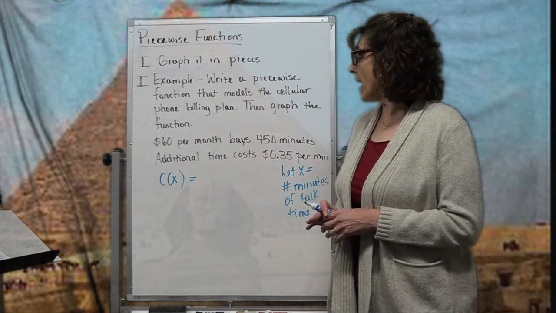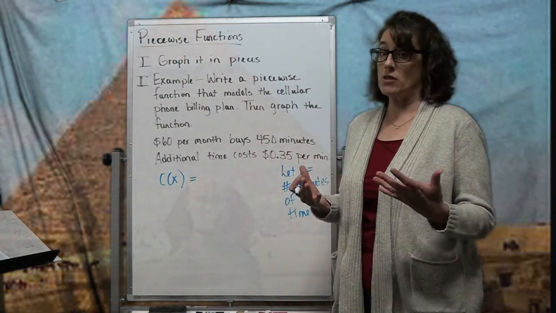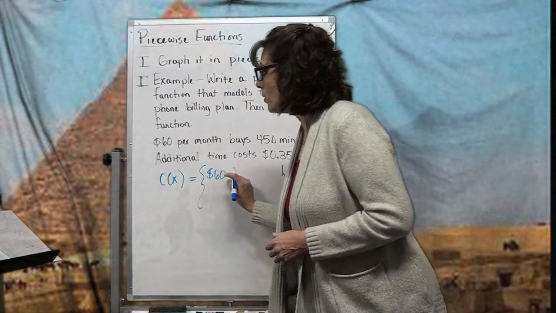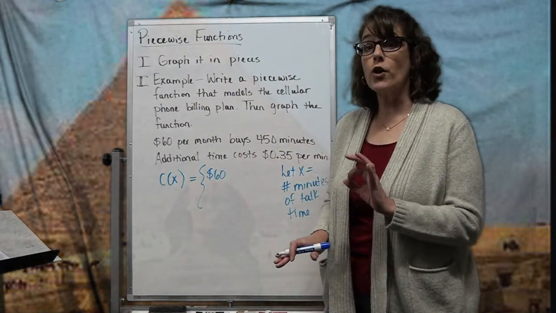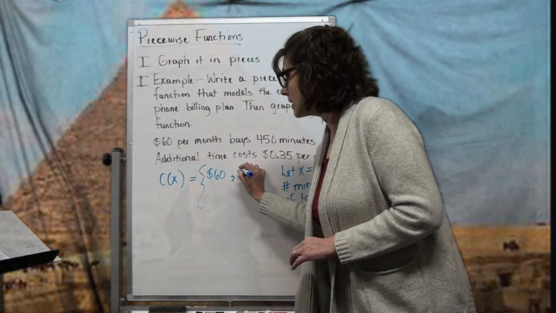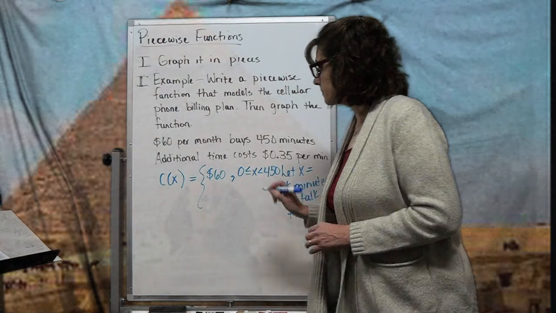Now recall that for the first 450 minutes, it is a flat rate of $60. That's all there is to it. So that means that $60 will be my cost for the first 450 minutes. So that will go from 0 minutes up to 450 minutes.